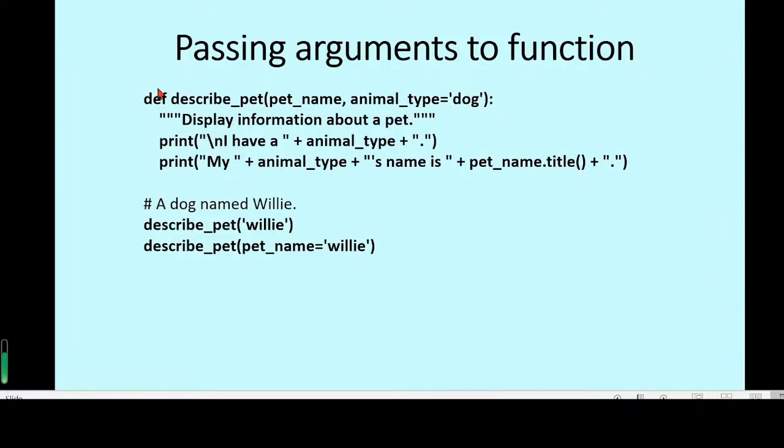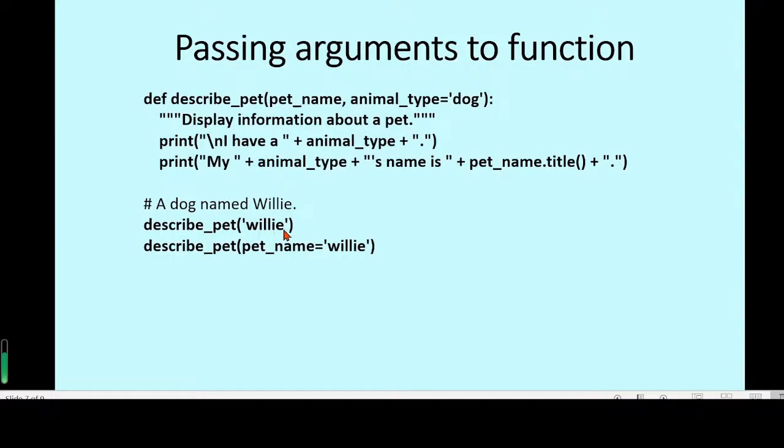We can define this function with pet name, but animal type we set a default value as dog. So when you call this function, if it is a dog, you can just input the name of this pet.